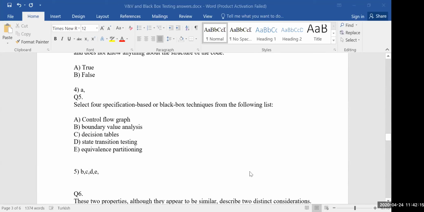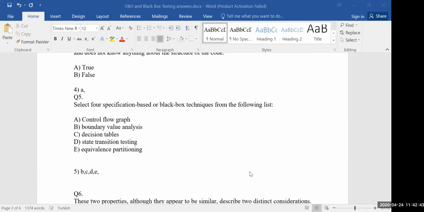Select four specification based or black box techniques from the following list. Actually, we see that only control flow graph here is related to white box testing. We are going to solve questions related to white box testing in the following problem sessions next week.